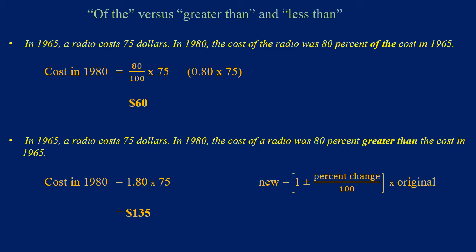Here the percent change is 80, and we add 1 and 80 over 100 because the cost is now 80% greater than the original cost, which is $75. So we multiply 1.80 with 75, and we get $135, right?